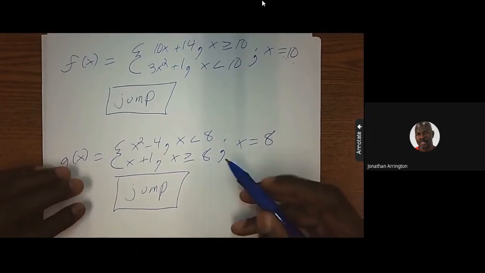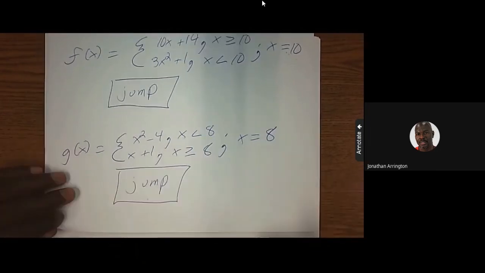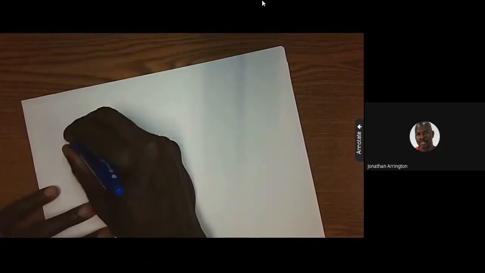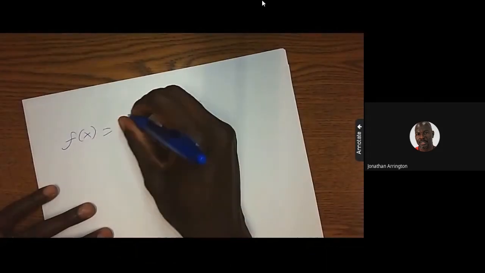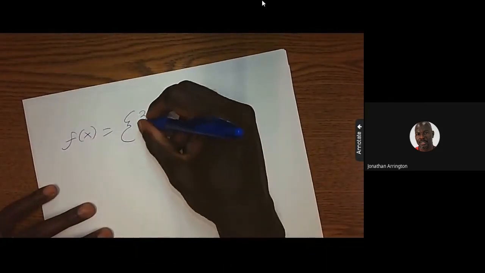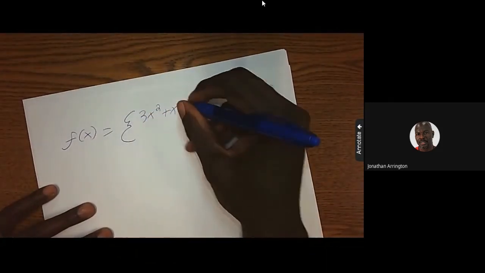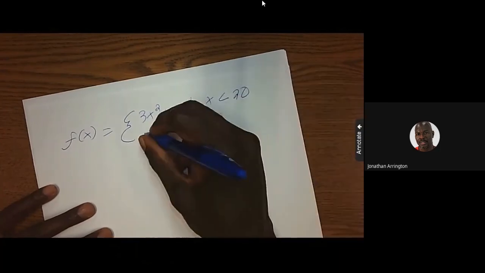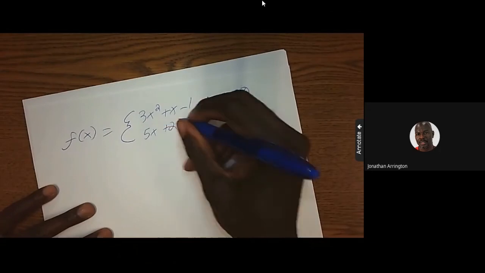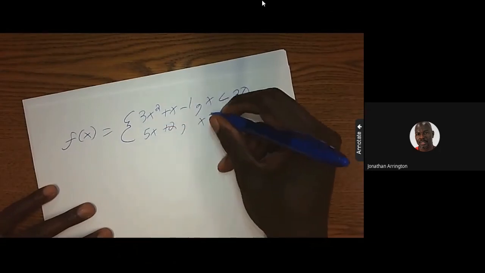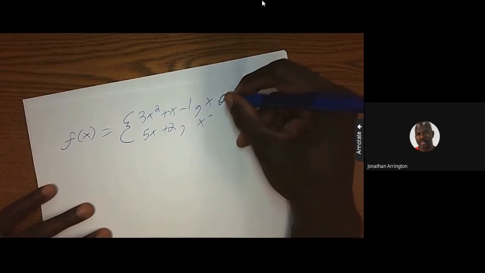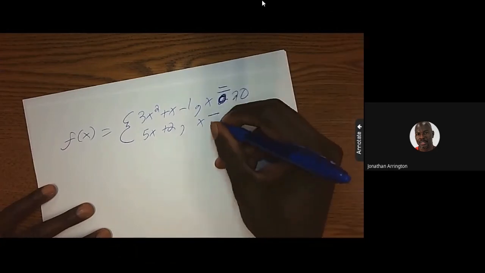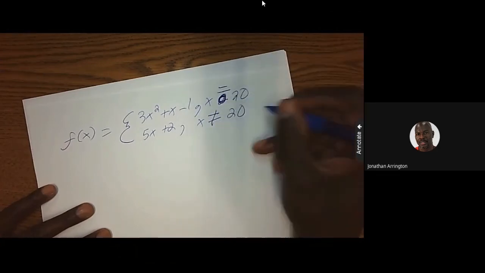And I'll do one more example. Of course, in my last example, these are going to be equals, not equal symbols. So let's say f of x is 3x squared plus x minus 1, provided x is equal to 20, and 5x plus 2, provided x is not equal to 20.